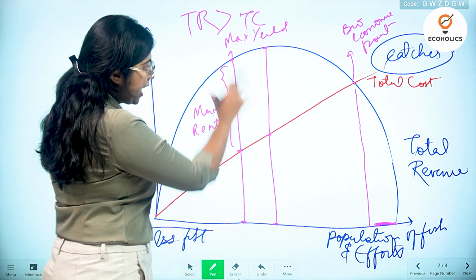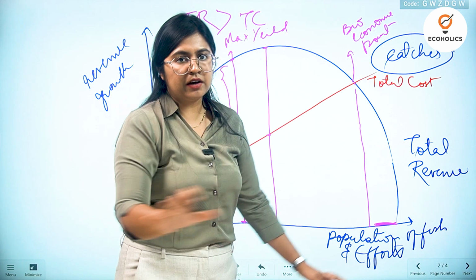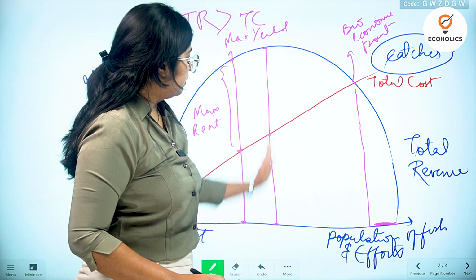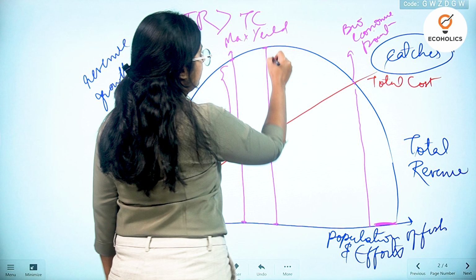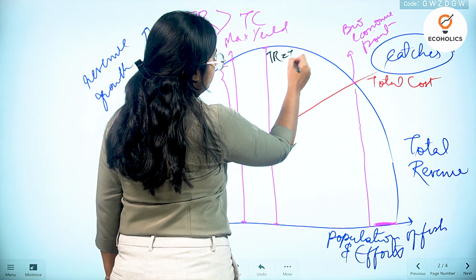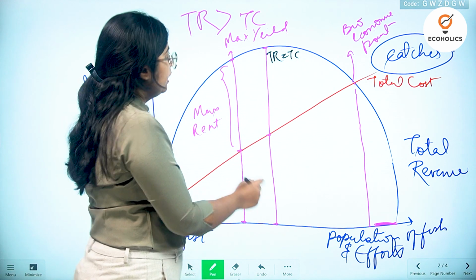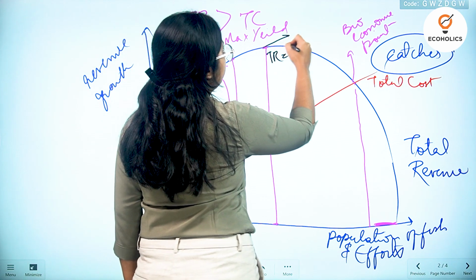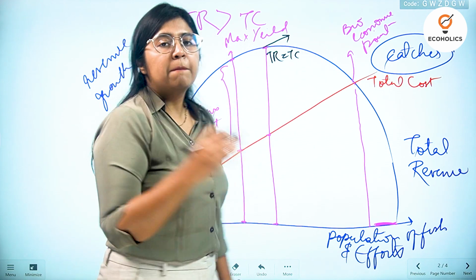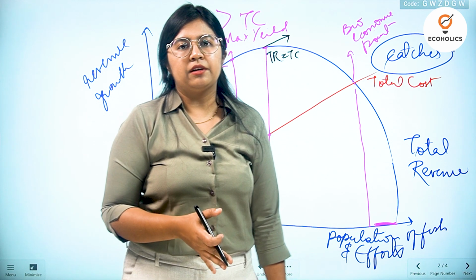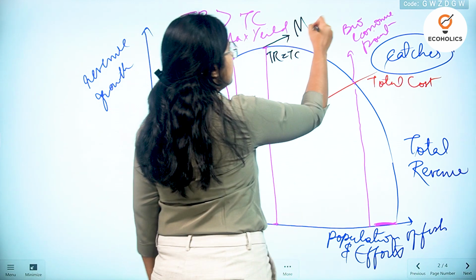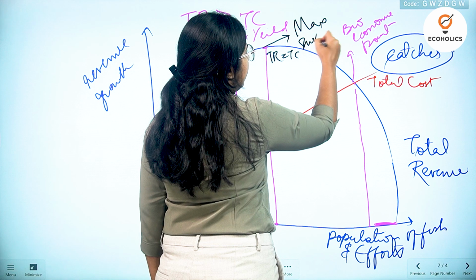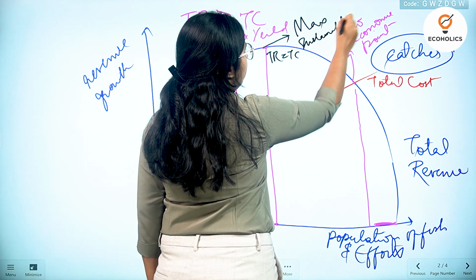We are just eyeballing on the graph, assuming that this is the point at which the total revenue equals the total cost or the effort. So this point, very importantly, is called the maximum sustainable point.